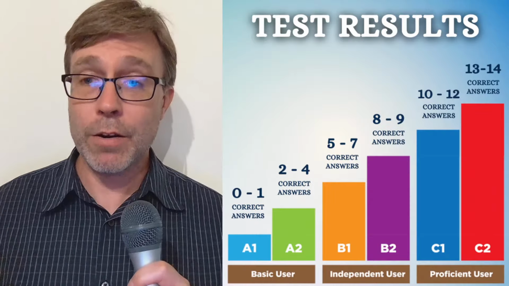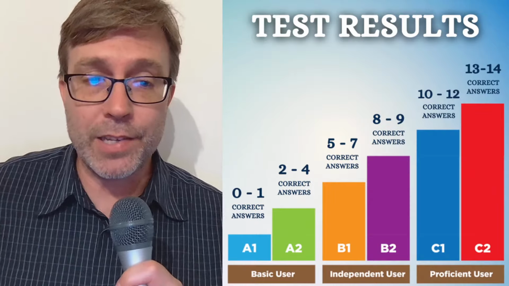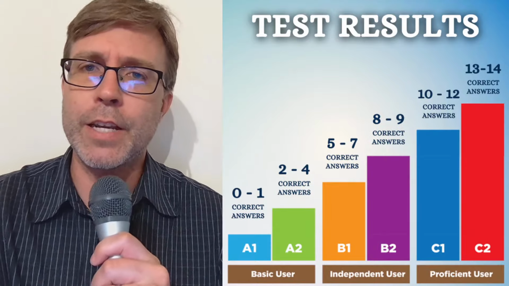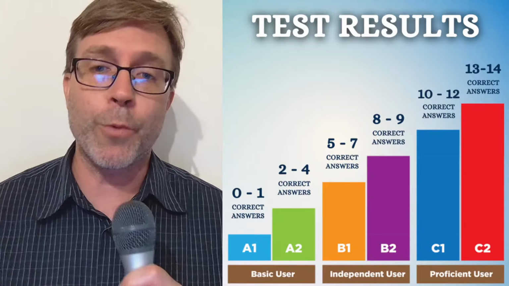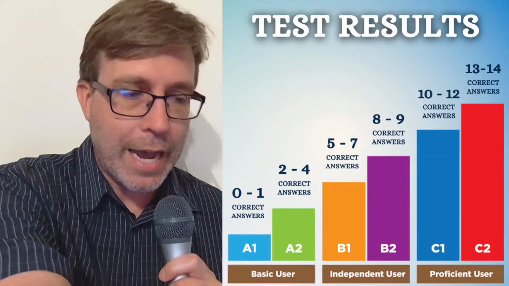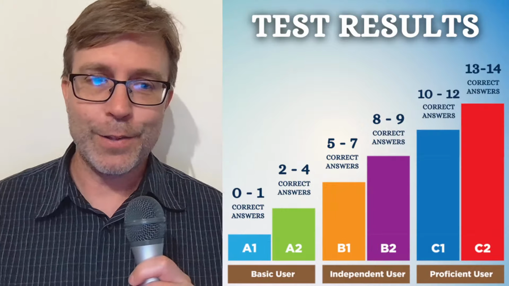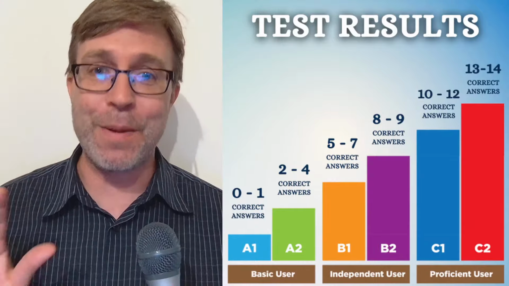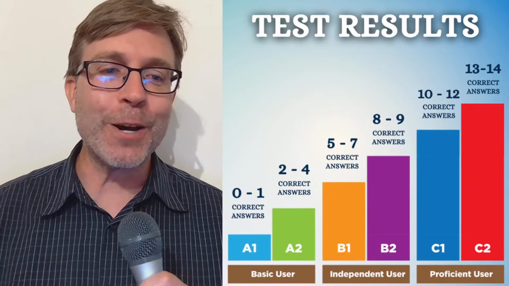If you had 10 or 12 correct, then I'd say you're about C1, very highly proficient. And then 13 or all of them correct, because there were 14 questions, then yes, you are C2, you are highly proficient. So based on this scale, which is very informal, mind you, what level are you?